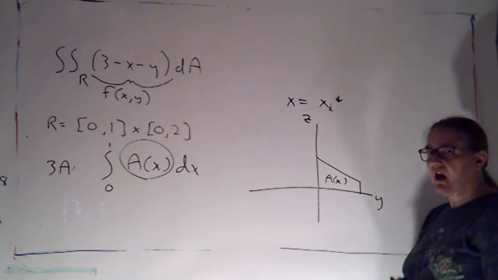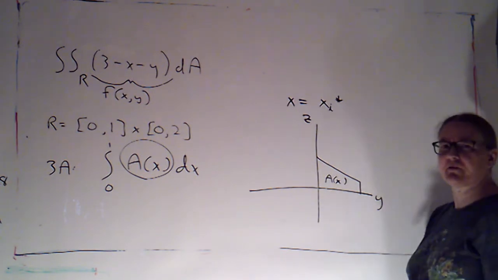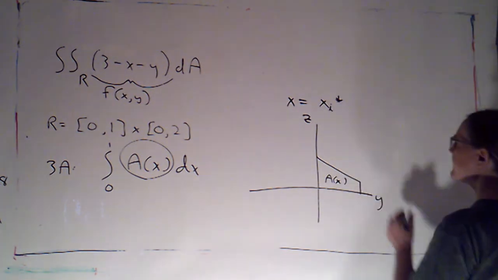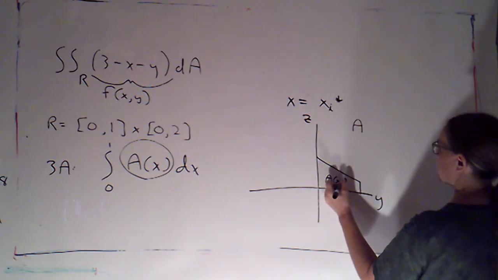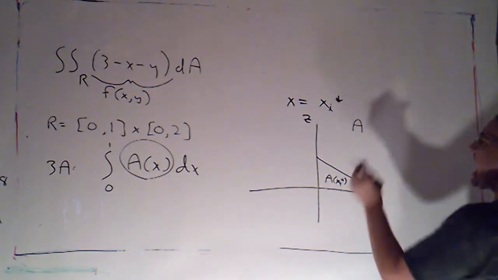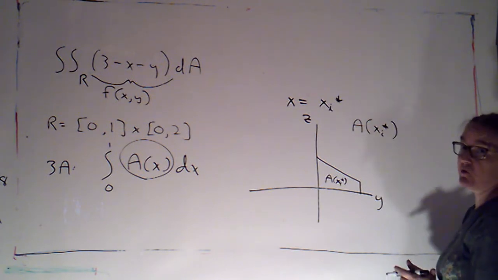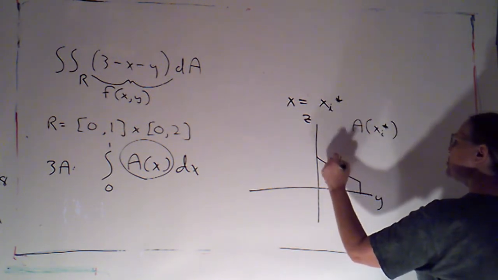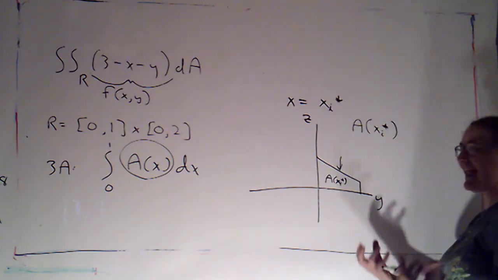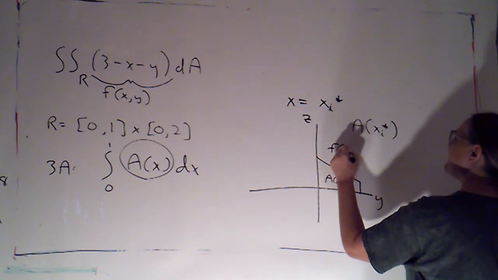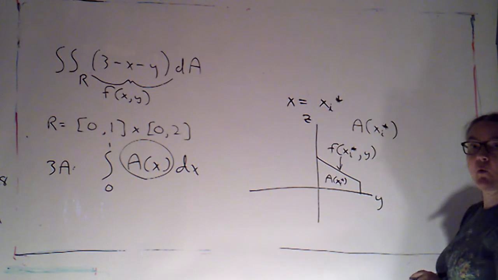But if we think about it, I know how to find areas of lots of regions that I don't have geometric formulas for. I could think of that area, so this was actually A of xi star, I'm sorry, I could think of A of xi star as an integral. This function right here was what we got by holding x constant at xi star. So that was f of xi star comma y.